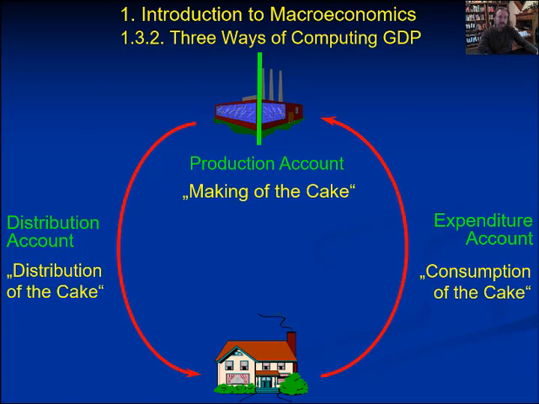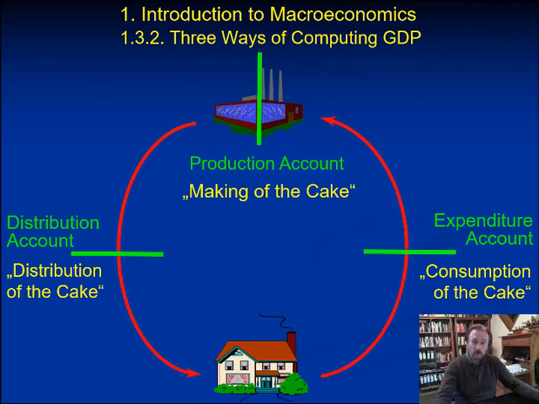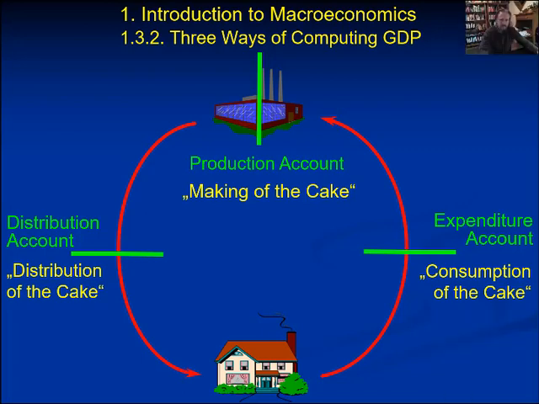If we calculate the distribution account, we measure how the cake is distributed among the various household groups. And if we calculate the expenditure account, we look at how the cake is consumed. In the following, I will work out the various components of these three accounts and take a closer look at their quantitative size for Germany.